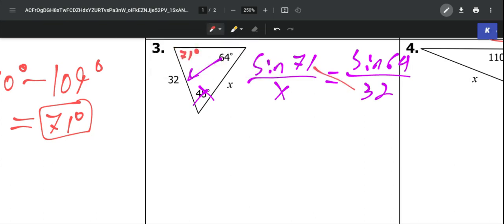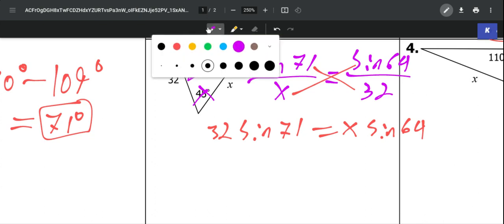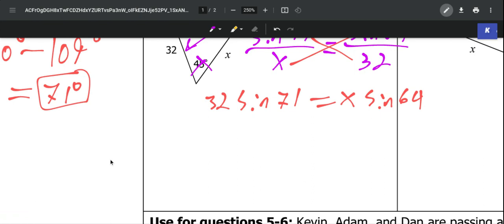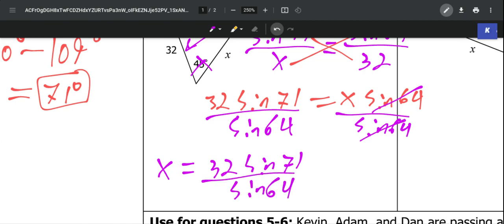So we're going to say 32 times sine of 71 equal to x times sine 64. Now on the right side, we've got x times something. We want to get x by itself, so we will have to divide sine of 64 on both sides. That's going to get rid of it on the right. Then we'll get x is equal to 32 sine 71 over sine 64.